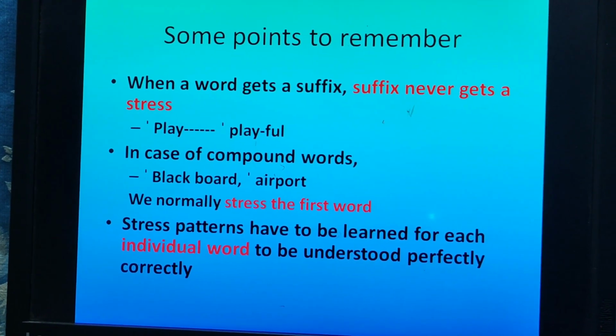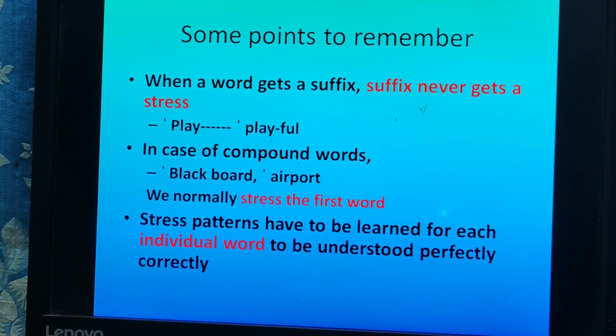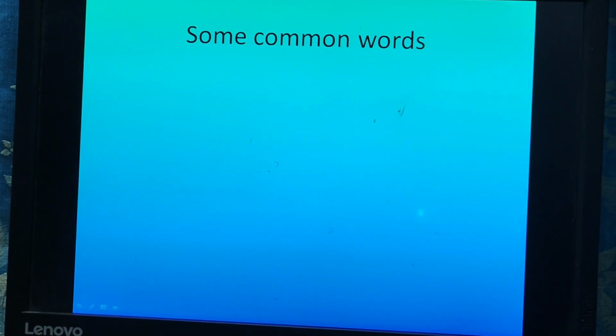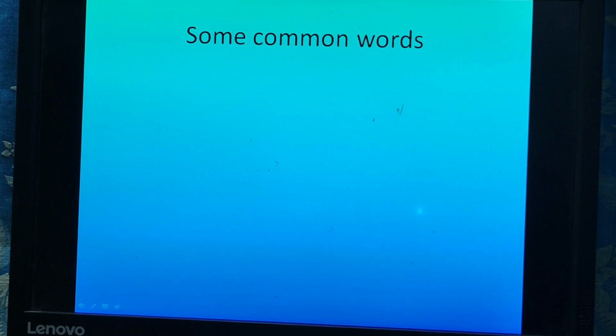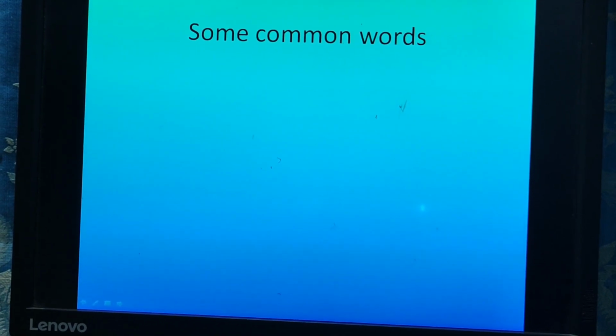So it's blackboard, airport. These things need to be remembered if we have to talk about a particular word and which word is accented. So till now I've tried to make it very, very simple for you so that you can use it in your life. Some rules that you should remember whenever you're using the English language.